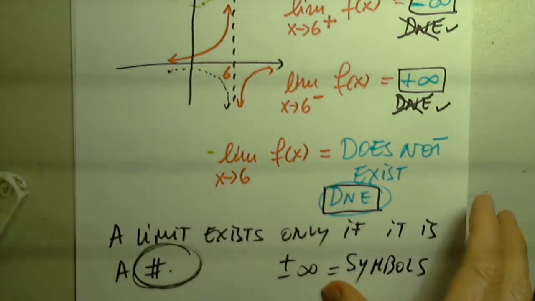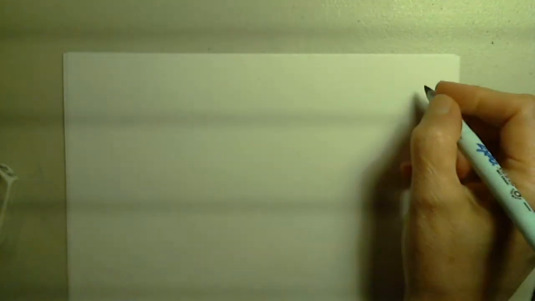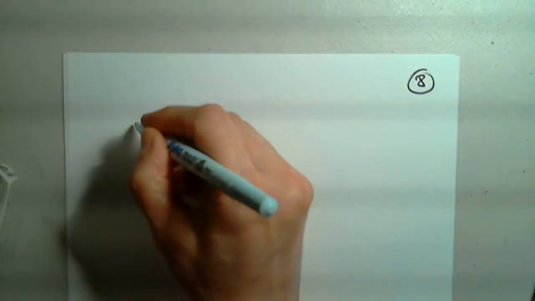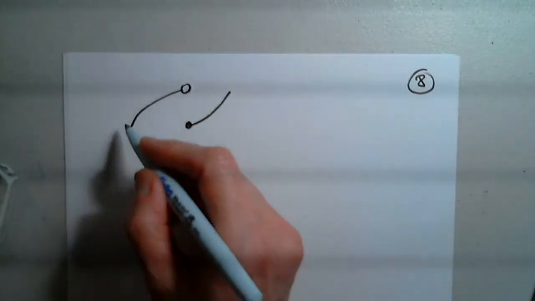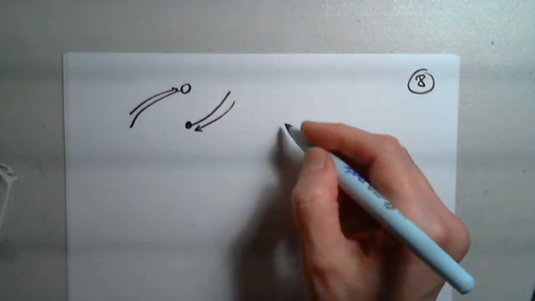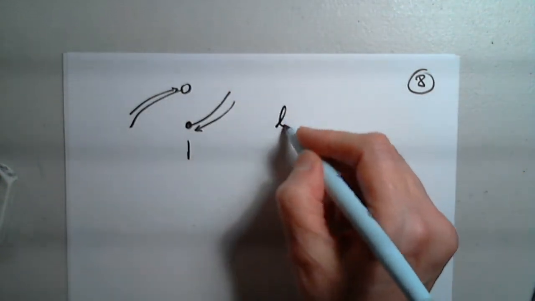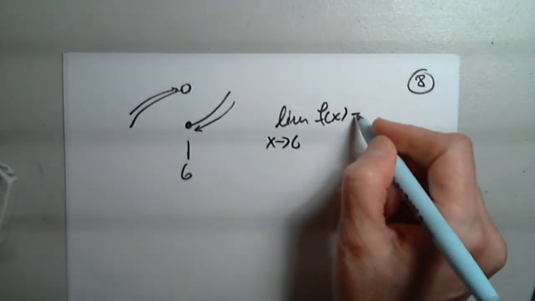I'm sorry? I'm not really getting it. I don't understand. Which part? How it just does not exist and how it's infinity. So if we have a function like this, the limit from the left approaches a number, the limit from the right a different number, so it's DNE. At 6, as x approaches 6 from either side is DNE.